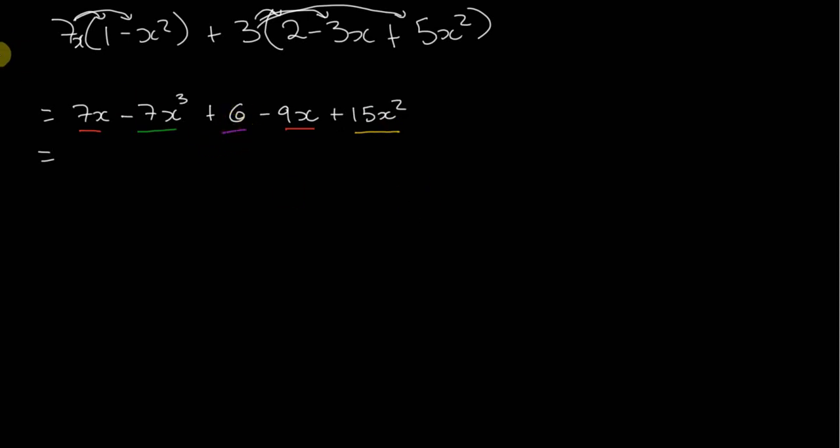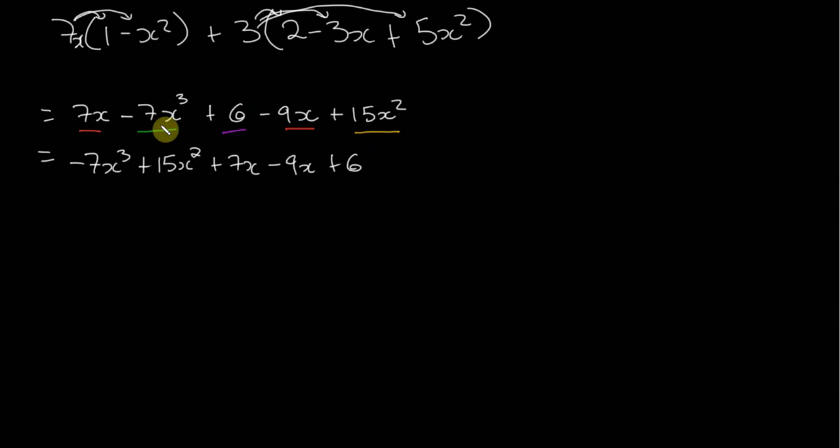Okay, and so we can rewrite this as minus 7x cubed plus 15x squared plus 7x minus 9x plus 6, our lone constant.